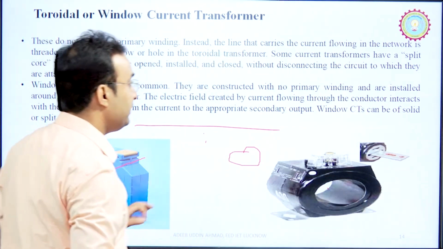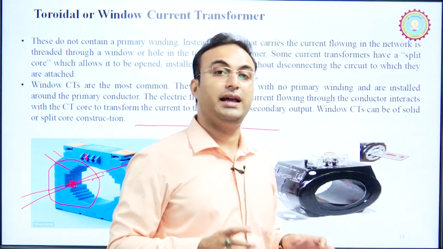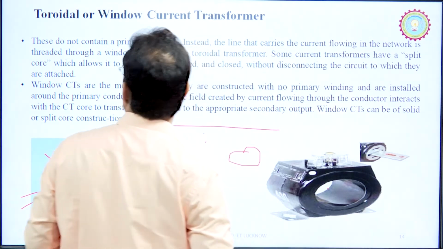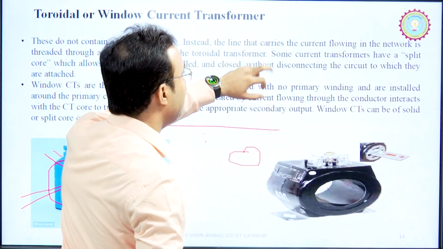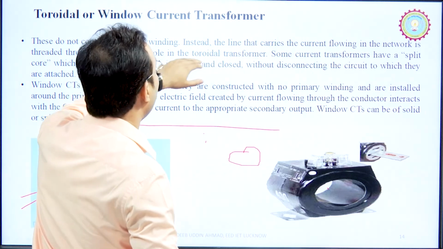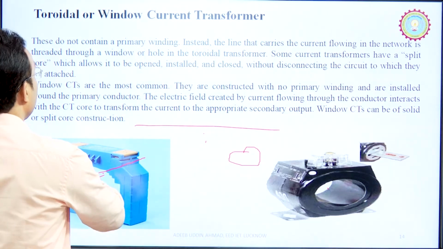The primary is the same as your working line. Your working line will work as the primary. So, it does not contain a primary winding. Instead, the line that carries the current flowing in the network is threaded through a window or hole on the toroidal transformer. So, the primary is flowing through this hole.